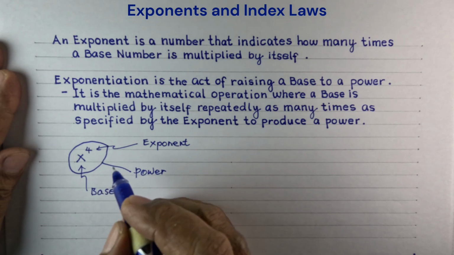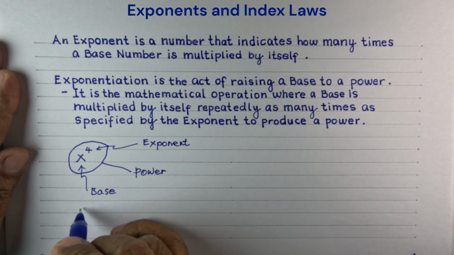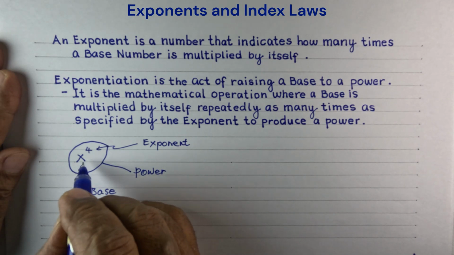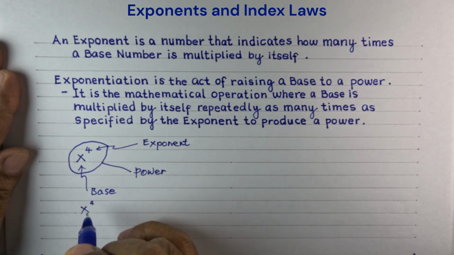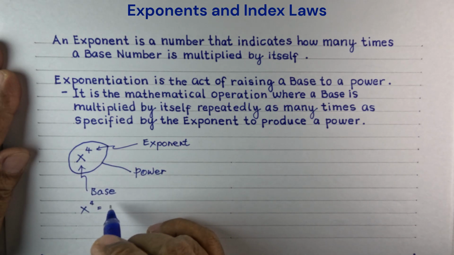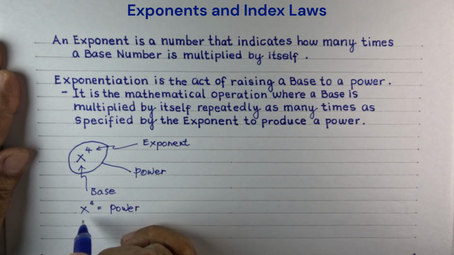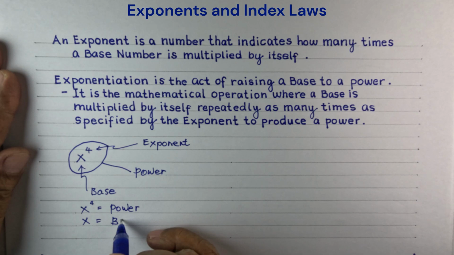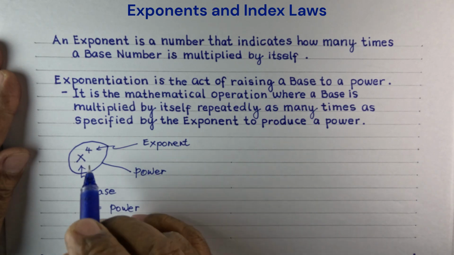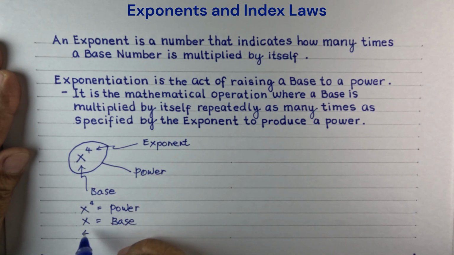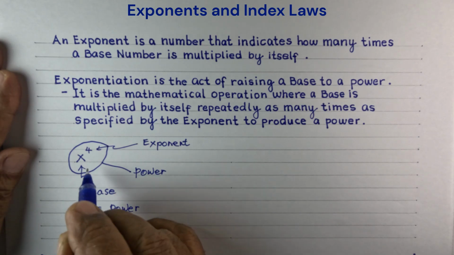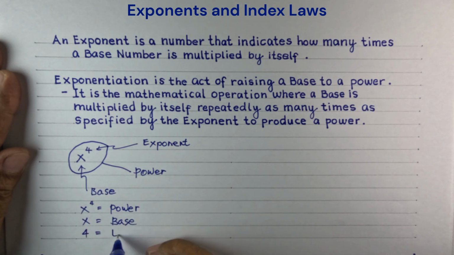So, the expression x to the fourth is what we call a power. The variable x is the base, and the number 4 is what we call the exponent.